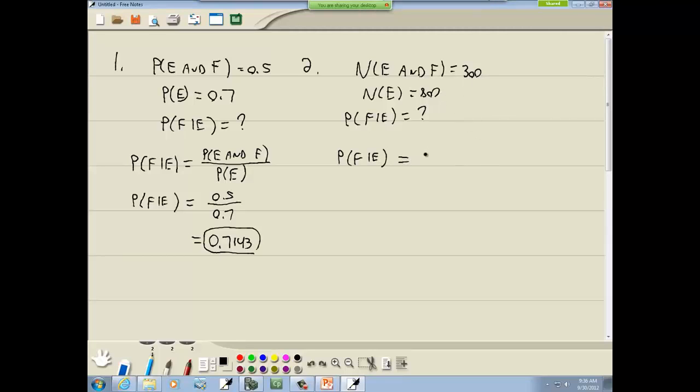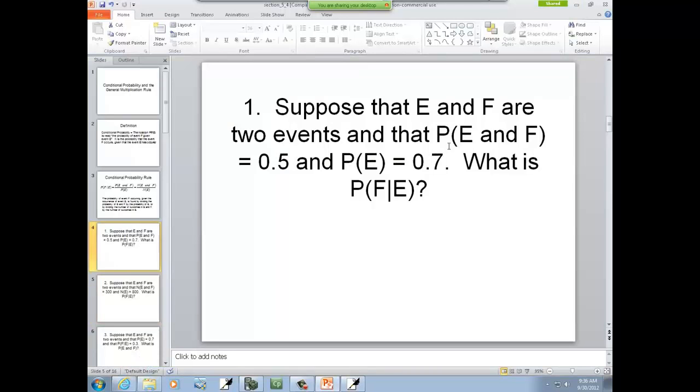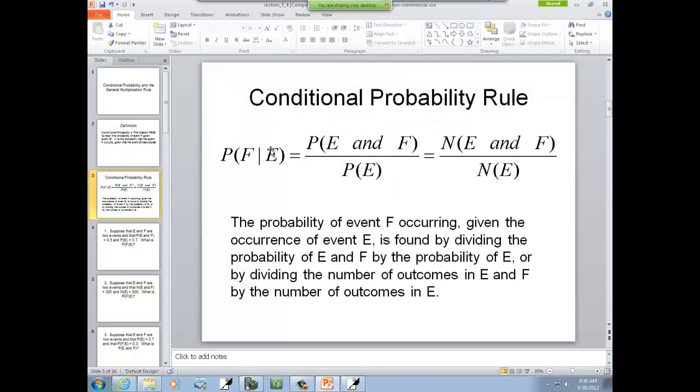Well, from our formula, it's the number of outcomes of E and F over the number of outcomes of E. See how this equals, kind of goes like this? This is equal to this, or this is also equal to this.